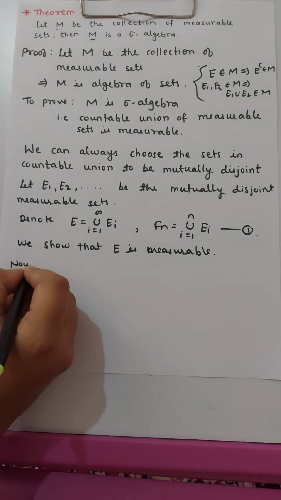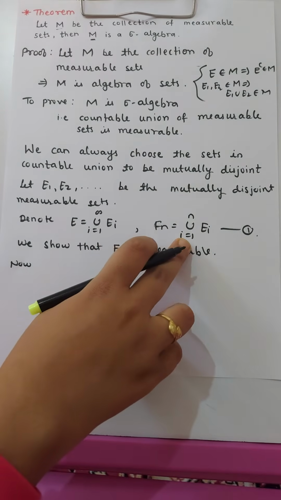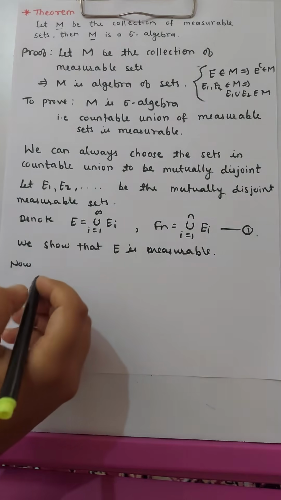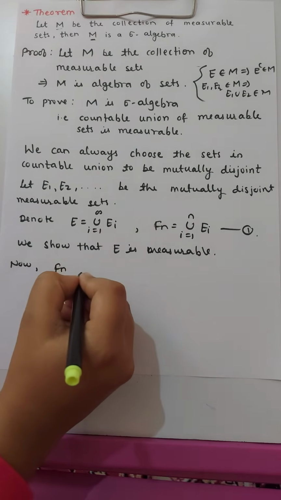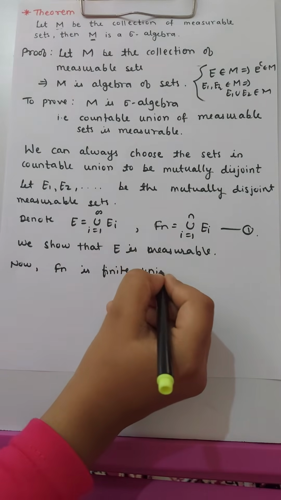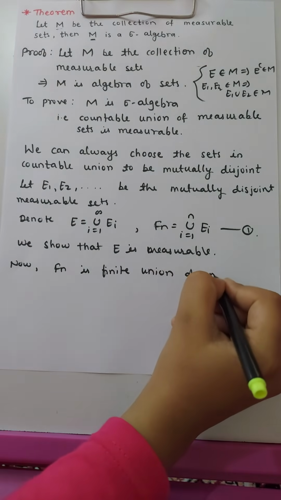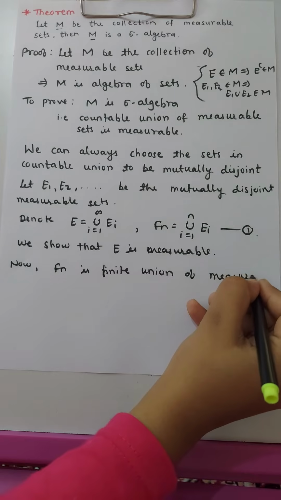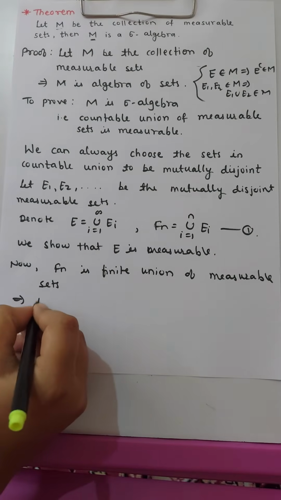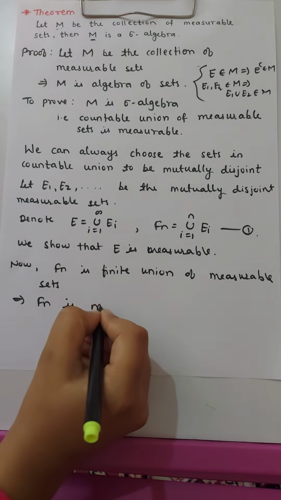Now this Fn is a finite union of measurable sets. Therefore Fn is measurable.